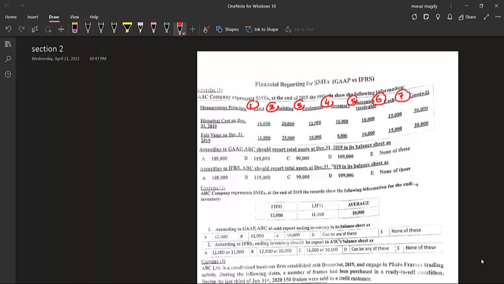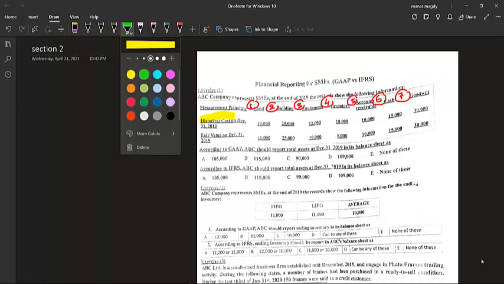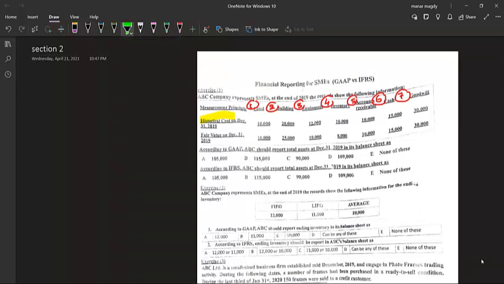The historical cost at the end of December 2019 was as follows, and then there was fair value. So we have historical cost and fair value. What are you required to do?